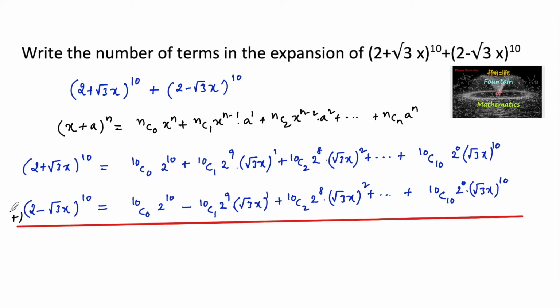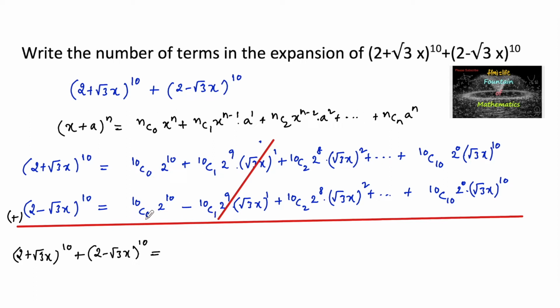Now adding these two expressions, (2 + √3x)^10 + (2 − √3x)^10 is equal to, so we can cancel the terms which are positive and negative. So the terms get cancelled here and we'll be having only the even terms.